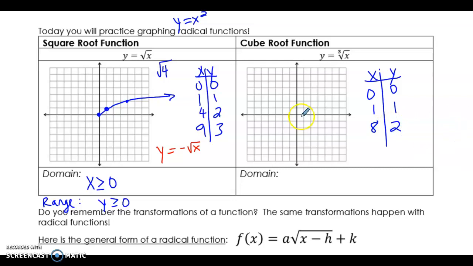Okay, so we can plot some points. Now this one, you can plug in negatives. Negative 1, what times what is negative 1? Cube root of negative 1 is negative 1. The cube root of negative 8 is negative 2.